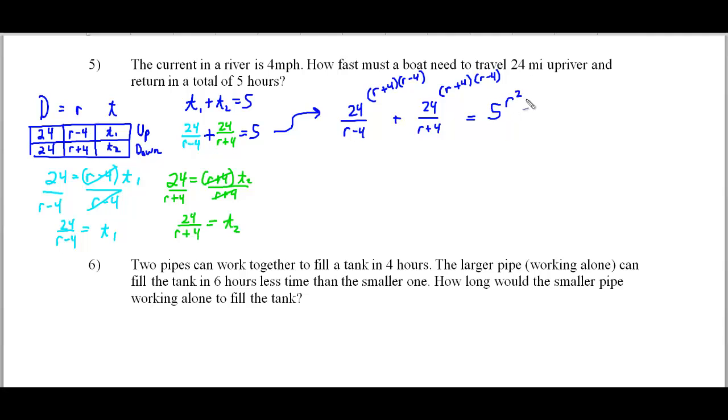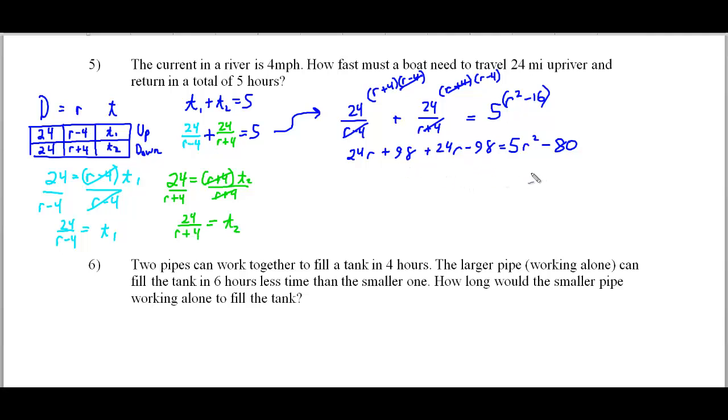R plus 4 times R minus 4 is R squared minus 16. There's not going to be anything to cancel out here or simplify to 1. Notice these simplify, and I have 24R plus 96, and here I'm going to simplify these out, and this gives me plus 24R minus 96, and this is equal to 5R squared minus 80.